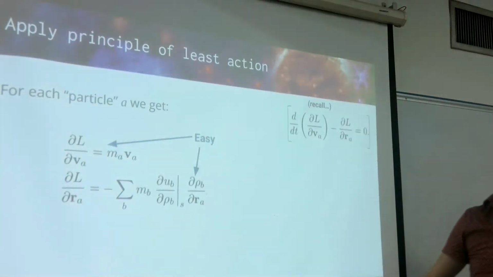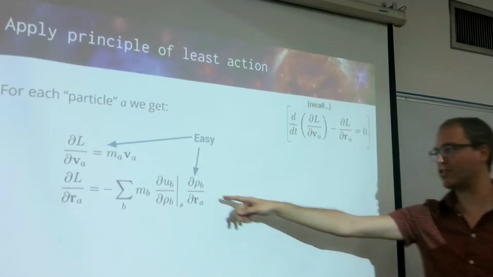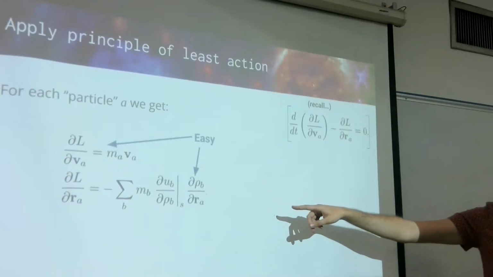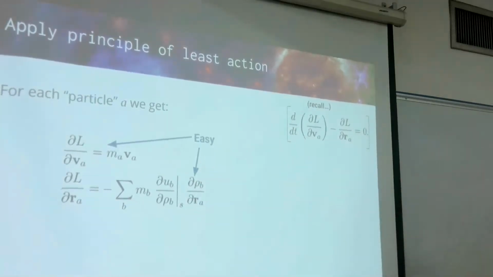D rho by dr, that's also quite easy because I have my positions, which define my density in terms of the position of the particle. Rho is m times W, and that depends on the position of the particle. So I know how I can take this derivative. It's going to be some combination of derivatives of W. So this second part here is not too difficult.